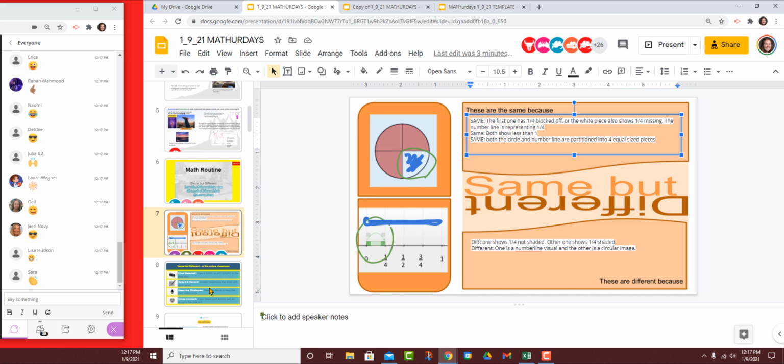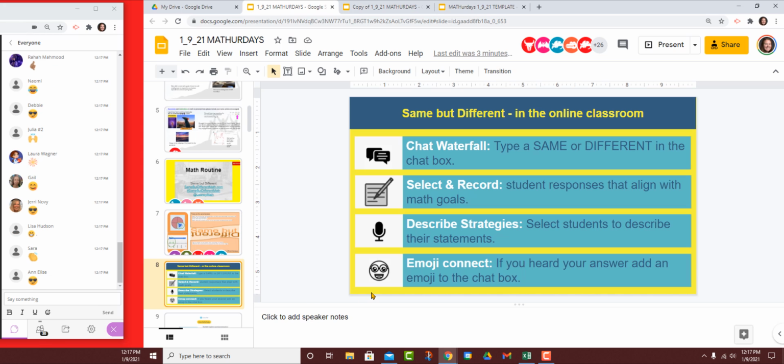And typically when I do this routine, I actually ask students to put the emojis in while we're talking, just to keep them engaged, keep them understanding when their thought was said, maybe just said differently. Forgot to do it this time around, but glad to see that there were lots of voices heard.